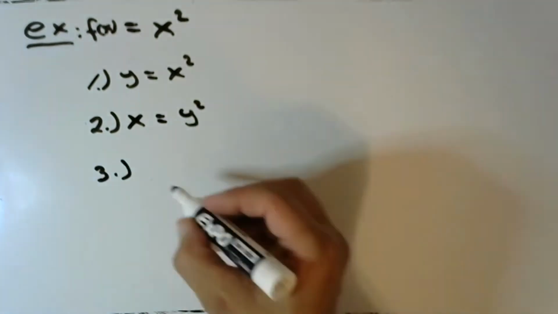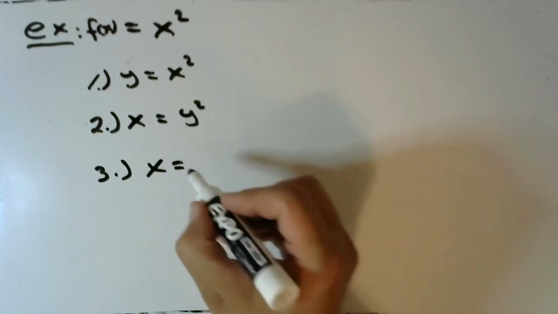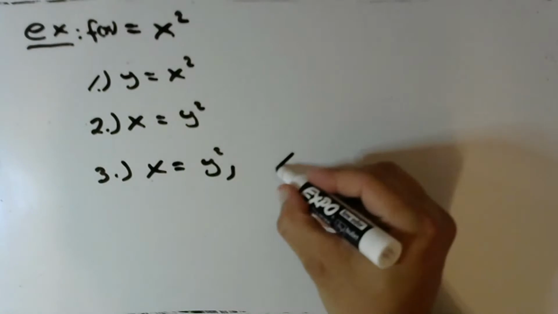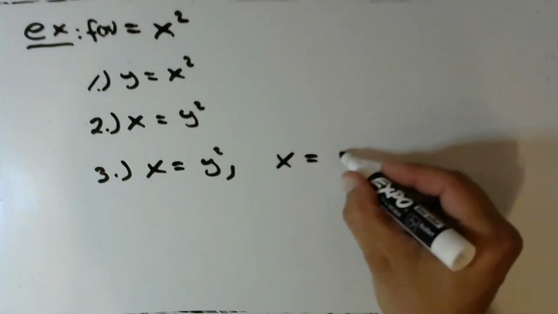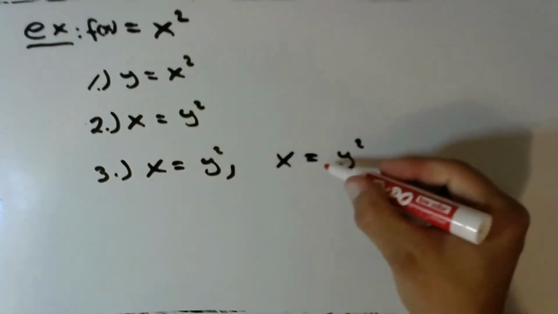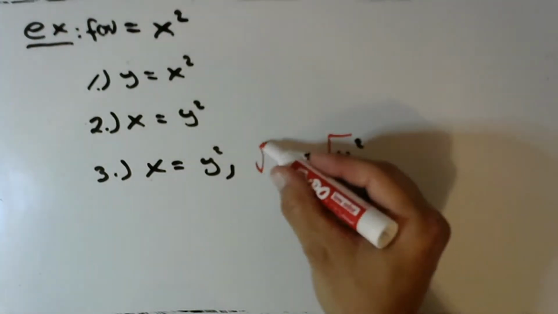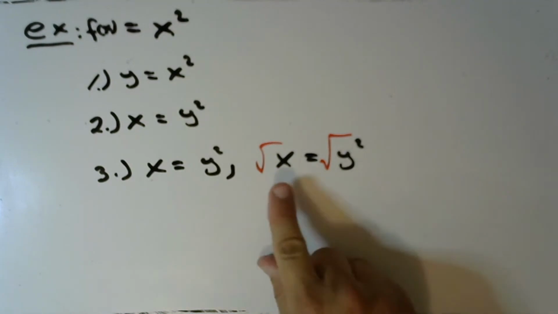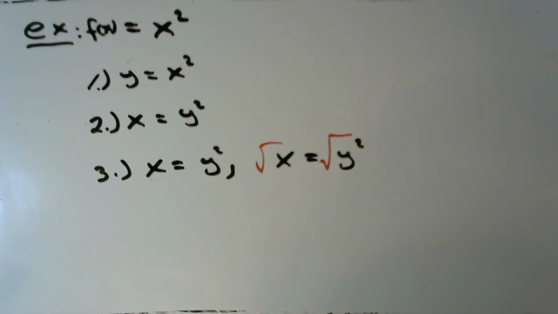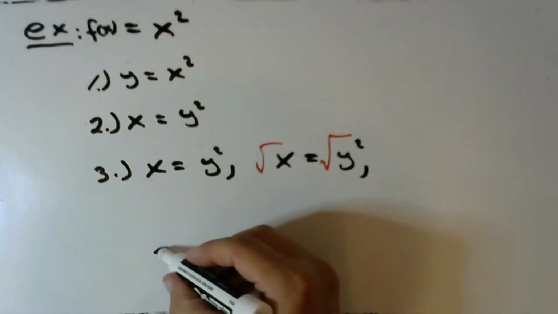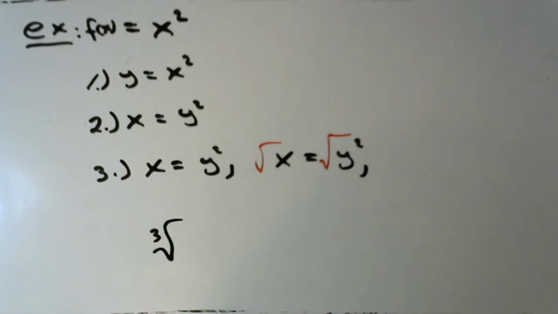Step 3, solve for y. And so we take the square root of both sides. Now, when we take a square root like this, we've got to be careful. We're looking for the positive and negative roots. That's not something we do with cube root. Cube root, we just take the cube root of something.